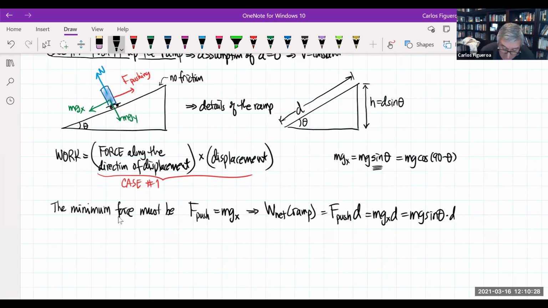So what you're seeing here is, check this out. When I write this down, this guy is a smaller force, and this guy right here is a longer distance.